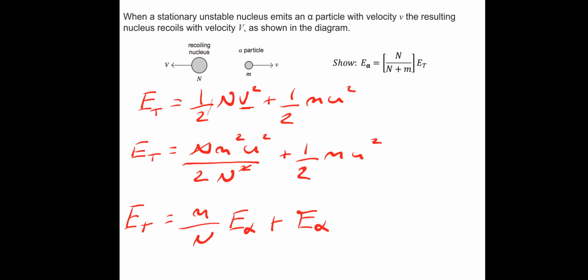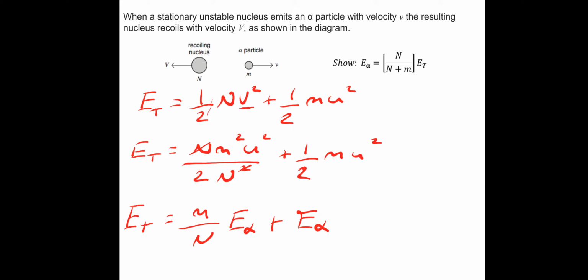Then we just need to solve for E alpha. So if you got to this point, or if you want to try it from here, please do. I'm going to clear the screen and then carry on. So m over n, E alpha plus E alpha. So what we're going to do is multiply everything by n.